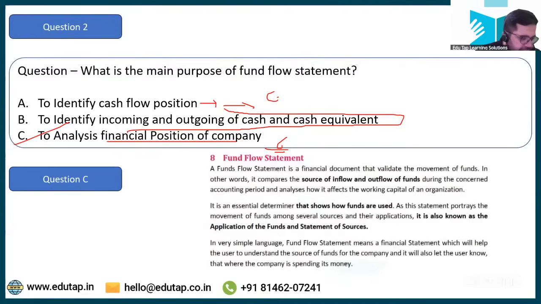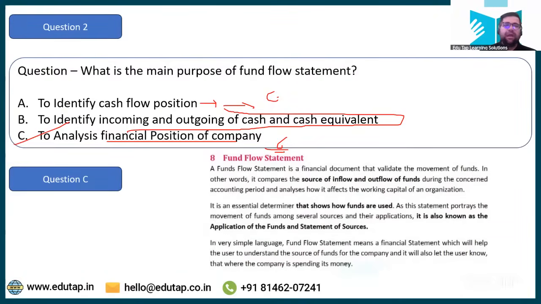Some students are also saying the option was to analyze the working capital of the company. Yes, if the working capital option was there, then yes, that would be correct. Right, right.